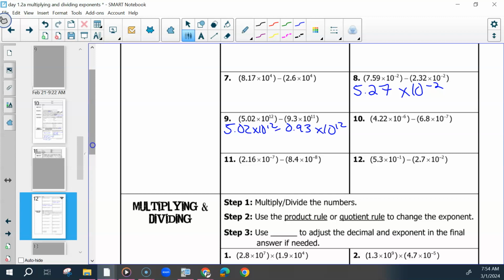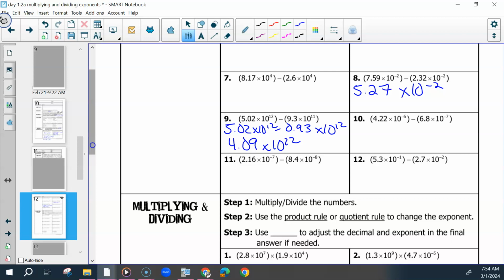And then subtract 0.93 from 5.02. In this case, you wouldn't have to change anything back. It's already in scientific notation.